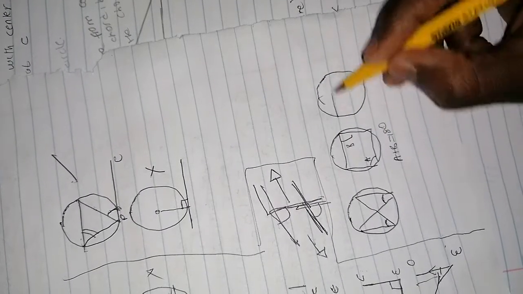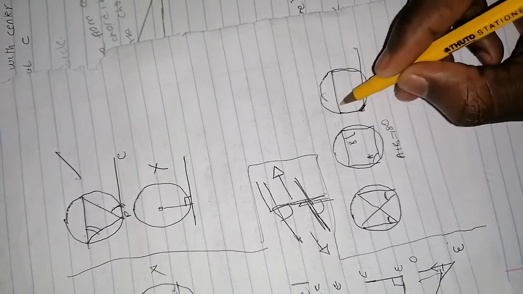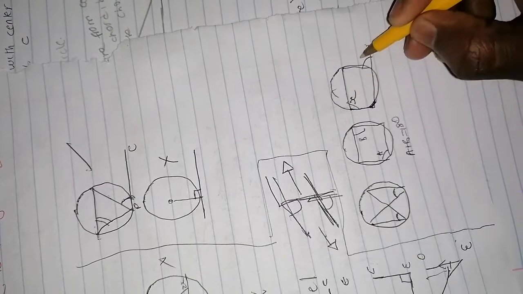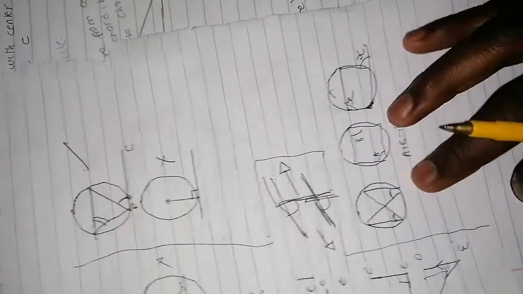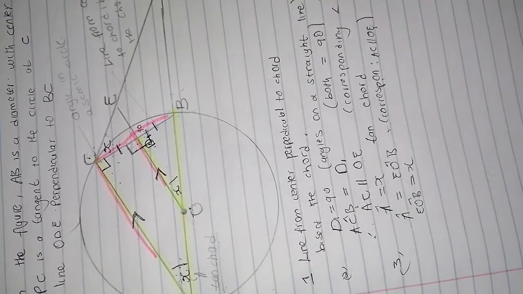Or if this angle equals this angle, you can conclude that it is a cyclic quadrilateral. So I have to make the first one, 1, 2, 3.